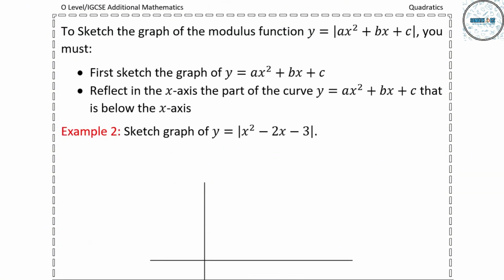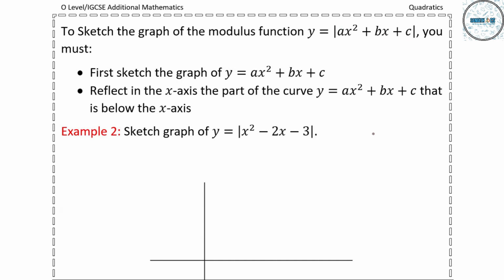Now we'll do how to sketch the graph of the modulus function. These lines mean absolute value. So any negative output becomes positive because of this absolute sign.